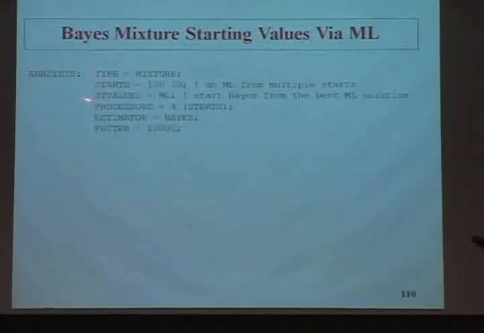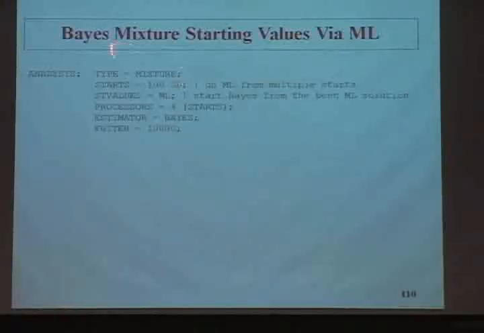So this command is used in combination with the starting value command. So stvalues equals ml means that the starting values for the Bayesian estimation are going to be the ML solution. And to come up with the best ML solution, you use starts equals 120. Again, this 100 represents 100 randomly perturbed starting values that will be attempted. They're attempted for about 10 iterations, then the top 20 of them are finished.